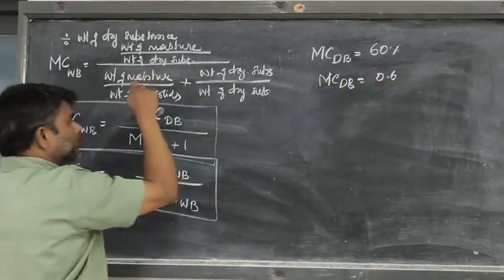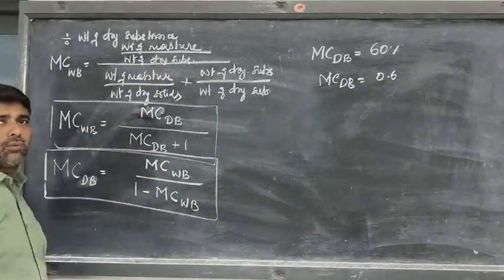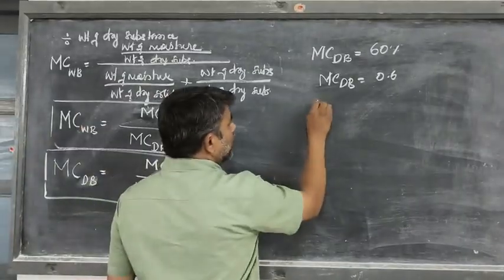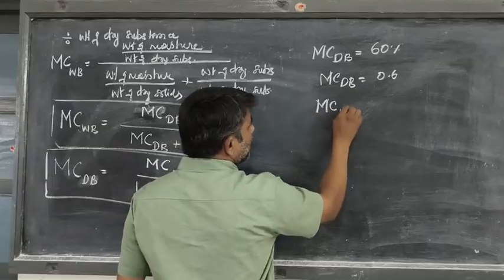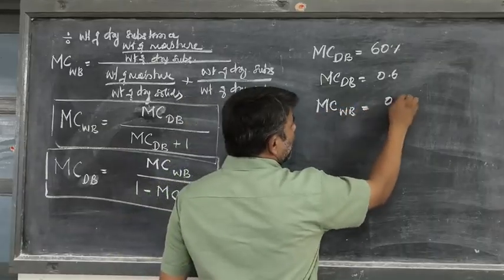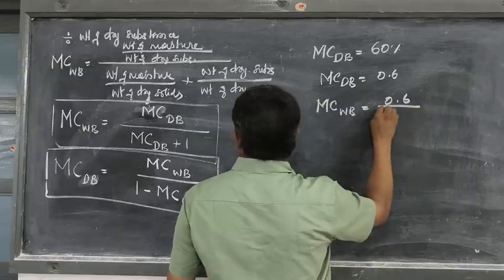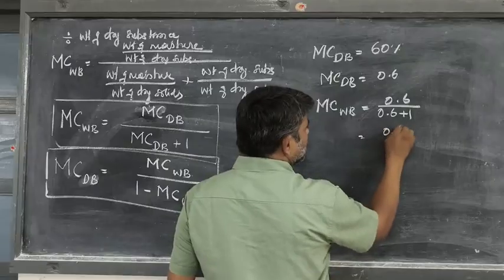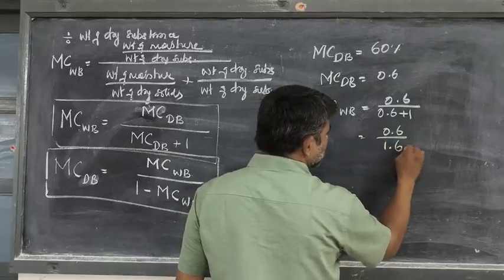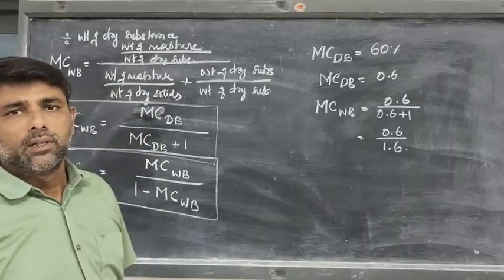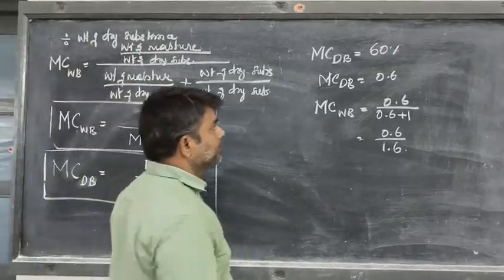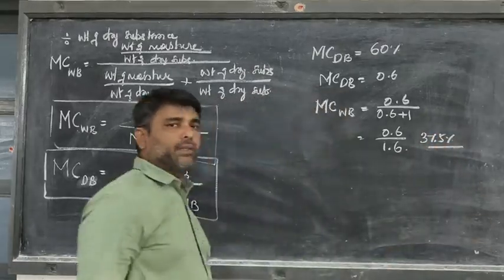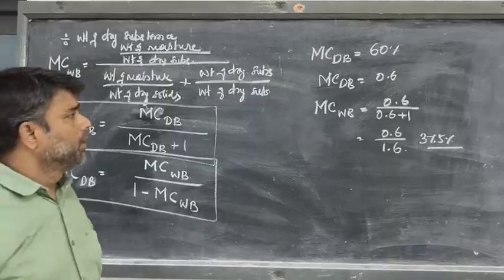Now I am going to substitute this in this equation in order to find out moisture content on wet basis. So moisture content on wet basis is equal to 0.6 divided by 0.6 plus 1. So 0.6 divided by 1.6, near about 37.5%. It is easy to find out the value of this.